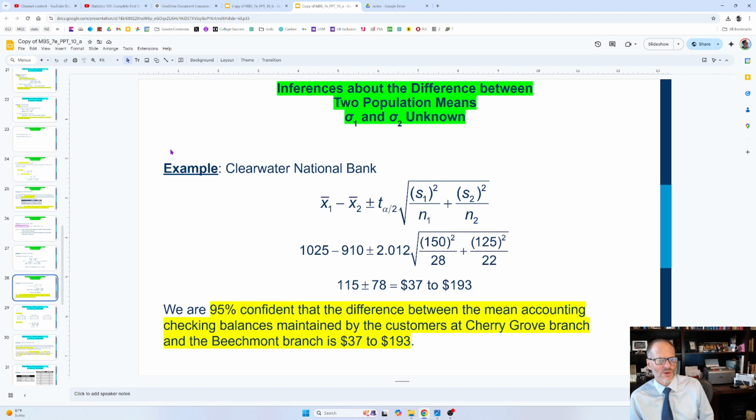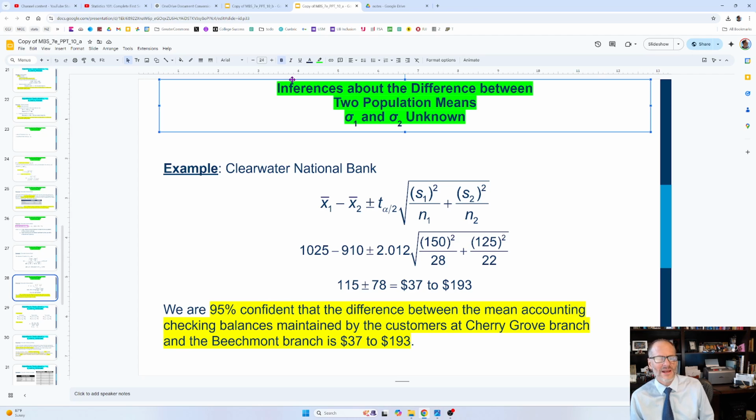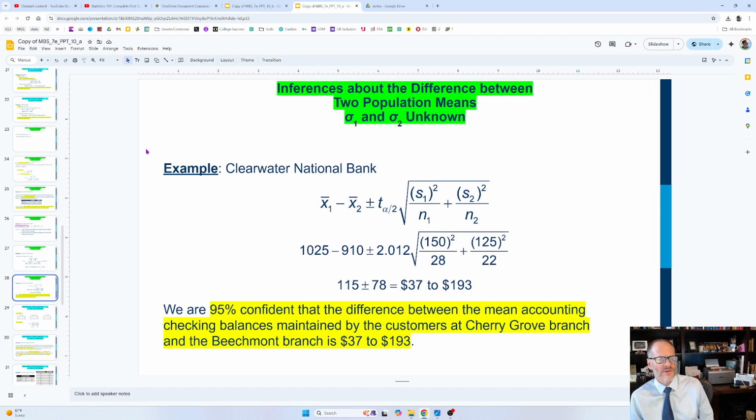So you get the different tools for the different situations. And now if you need to make inferences about the differences between two population means and the population standard deviations are unknown, I just read through that really quickly, you got a tool for that. And you could say, well, with 95% confidence, the difference between the mean account checking balances at the two branches is between these two. So that's what statistics is. You're learning these different tools for different situations.